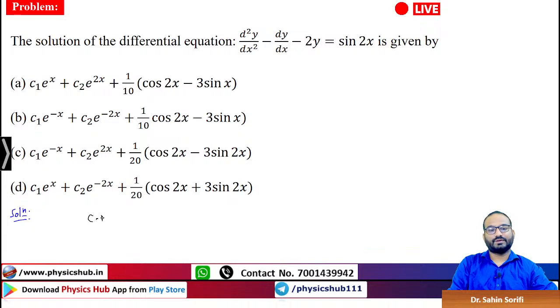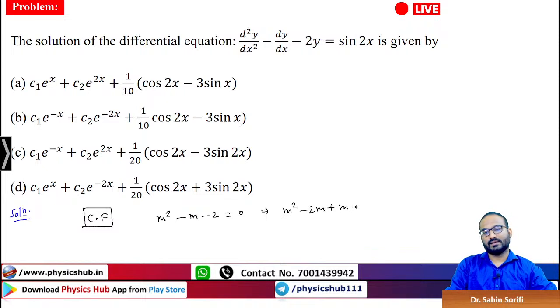Let's go for the complementary function first. I'm not writing the auxiliary equation and all these things. m square minus m minus 2 equals 0. m square minus 2m plus m minus 2 equals 0. m(m minus 2) plus 1(m minus 2) equals 0, that is (m plus 1)(m minus 2) equals 0.